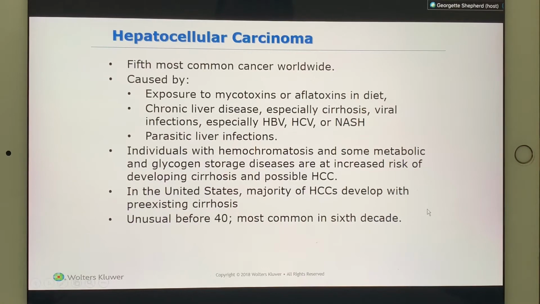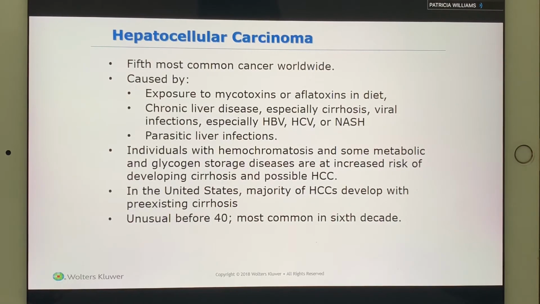Patients with hemochromatosis, metabolic glycogen storage disease, and cirrhosis have a higher incidence of developing hepatocellular carcinoma. That NASH is non-alcoholic fatty liver disease of some sort. Steatohepatitis. Yes, non-alcoholic.